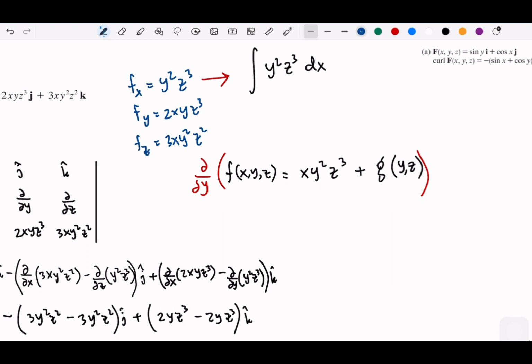So this partial y will be 2xyz cubed. Okay, this is in line with our original formula, but g will be having a partial derivative with y of this g(y,z).